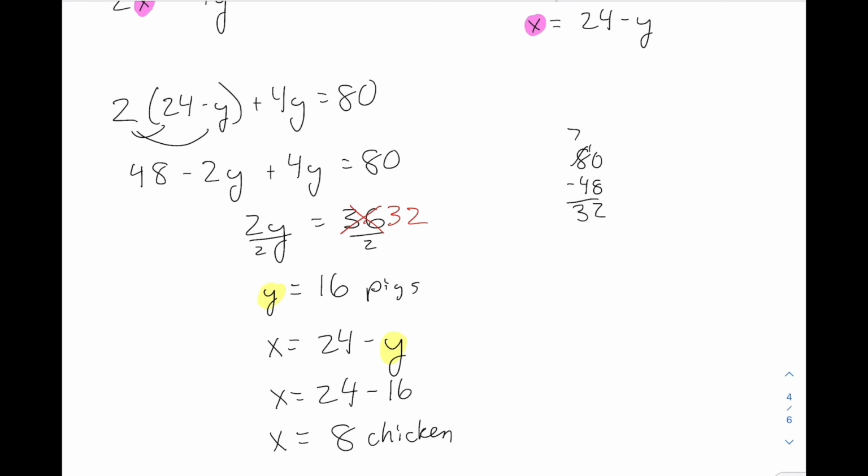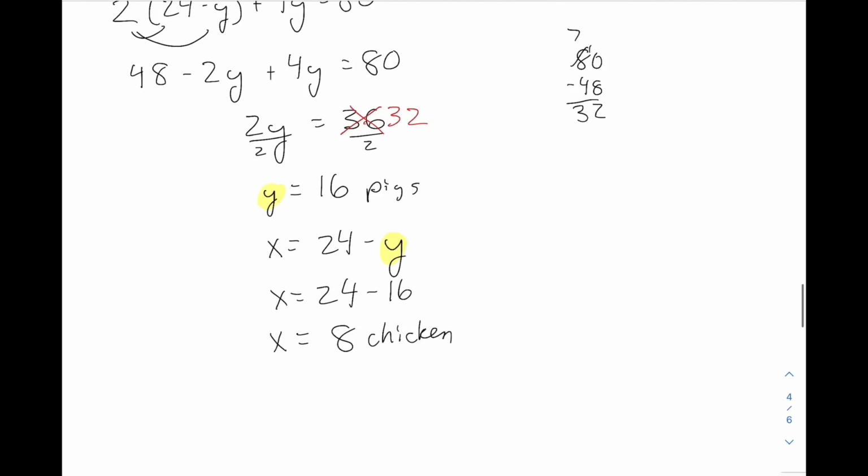And notice that this actually matches the thinking that we did in the previous version, where we did the more sophisticated diagram and we just kind of thought through it. We did have a divide by 2 step and such. So there's a lot of overlap right here. So again, we have 16 pigs, 8 chickens.